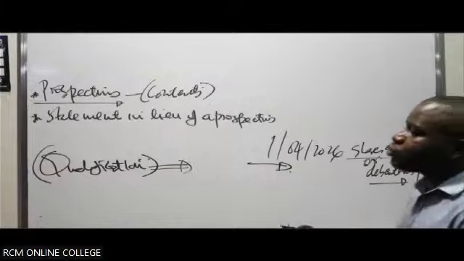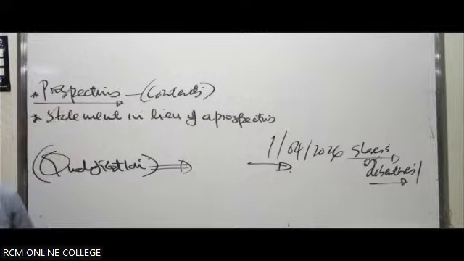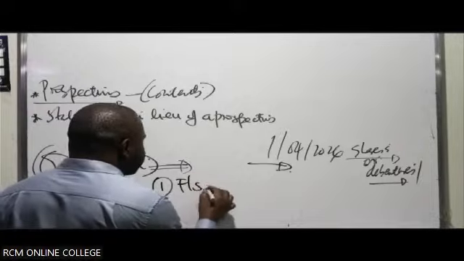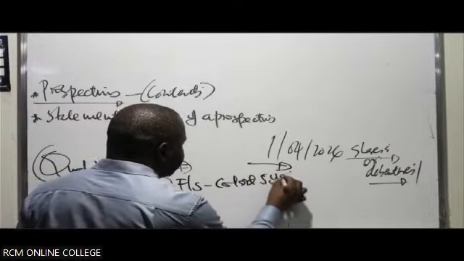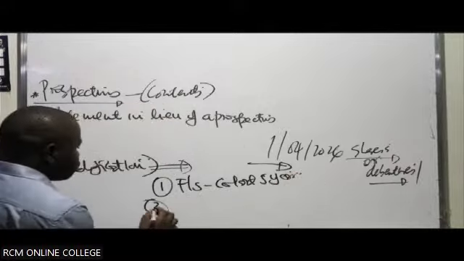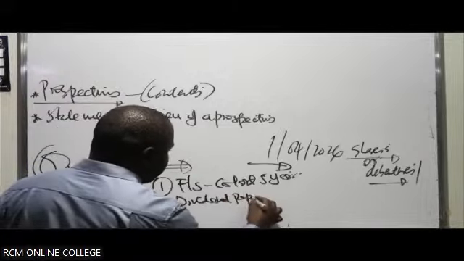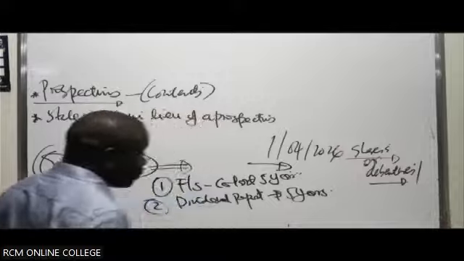So apart from what we've just mentioned, there are other key reports that must be attached to the prospectus. Number one, the financial statements of this company, more so for the last 5 years. Number two, the dividends paid, the dividend report for the company for the last 5 years. It is very essential that this report is there.